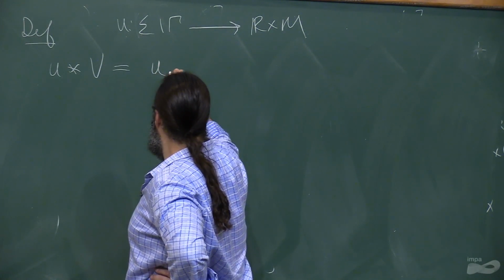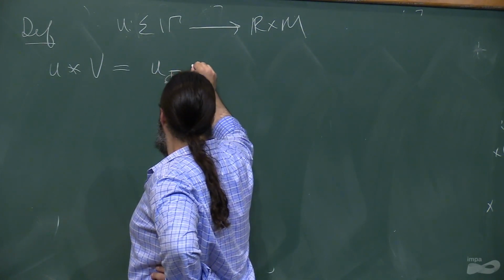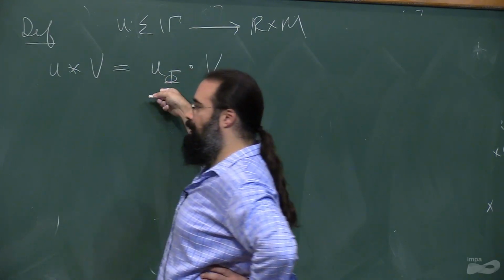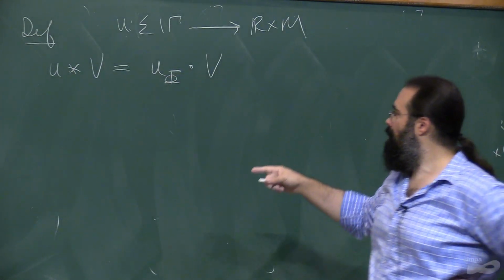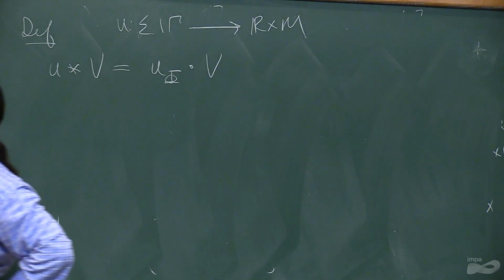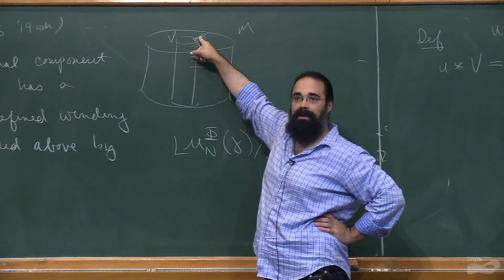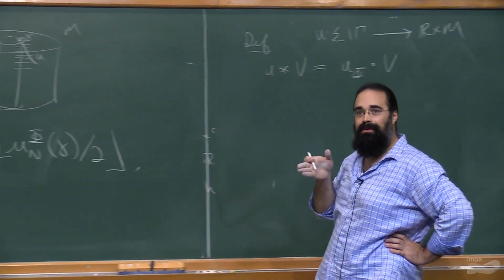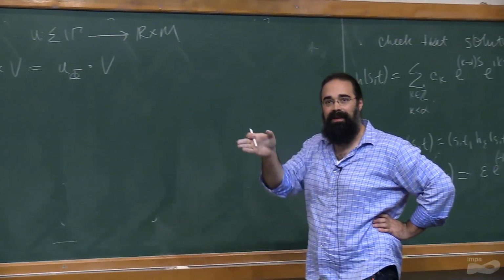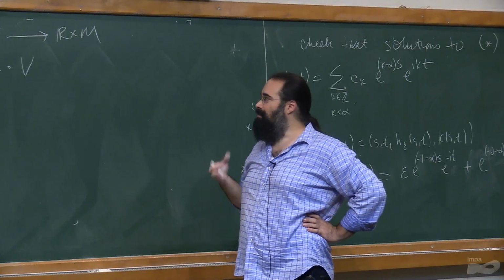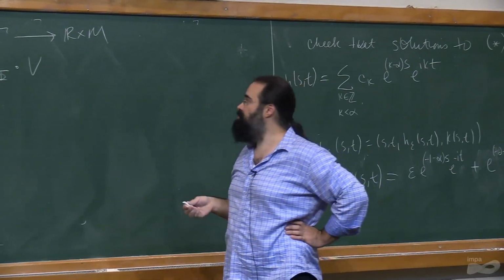I take U, I pick a trivialization phi at every periodic orbit that's an asymptotic limit that lives in this submanifold, and I push U in a direction away from V in the direction determined by that trivialization.